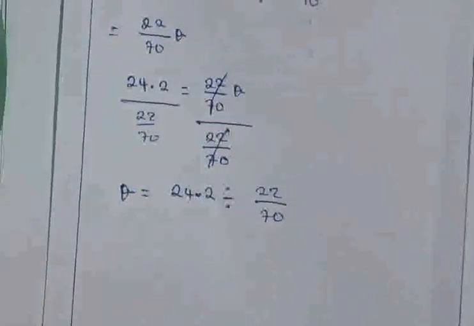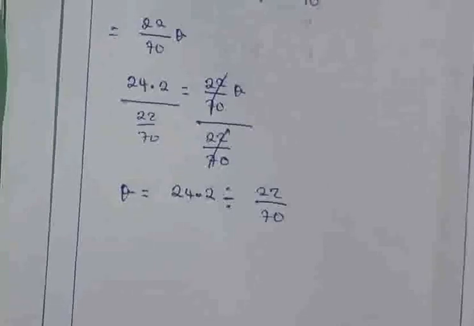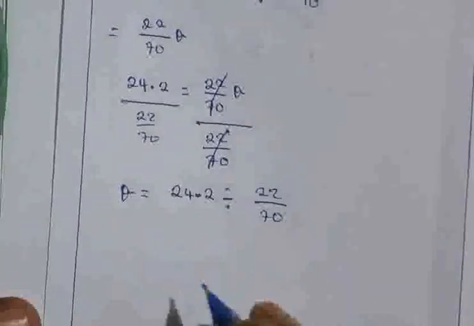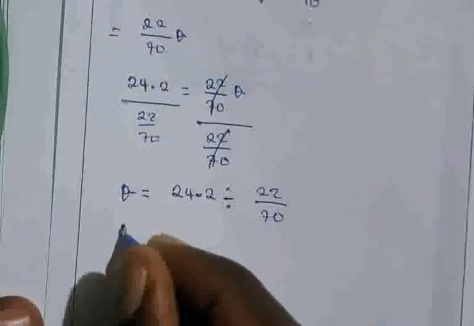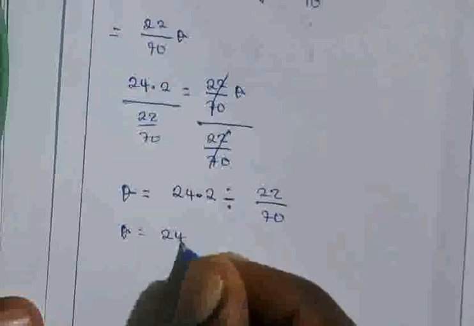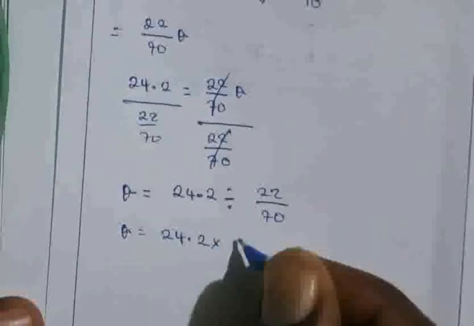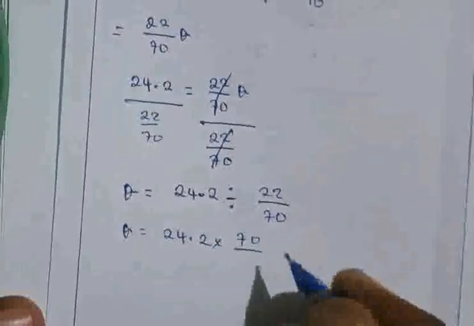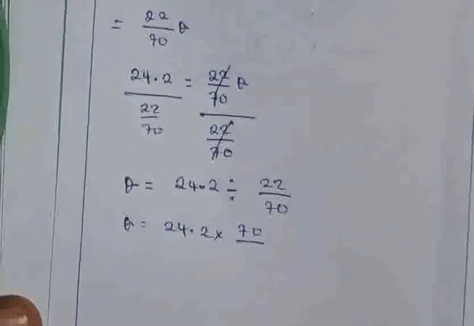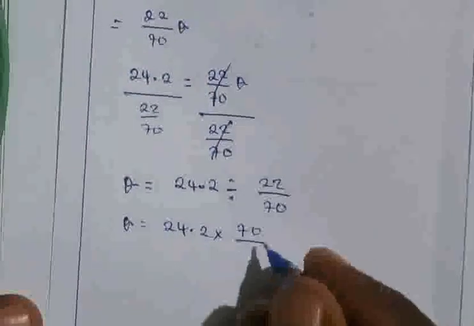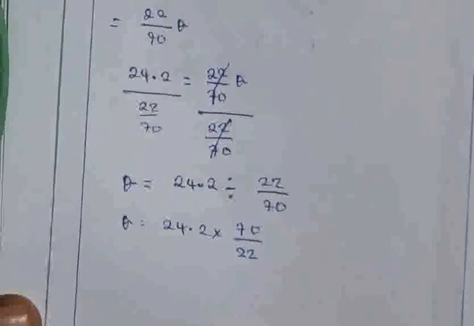And then when we swap them, how is it going to look? Theta is equal to 24.2 times 70 over 22.